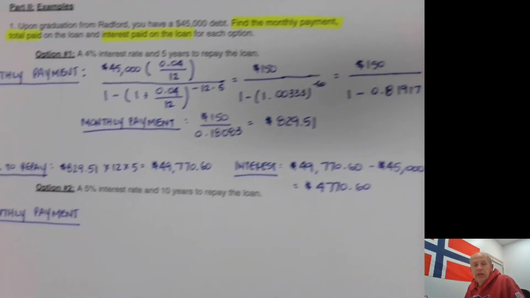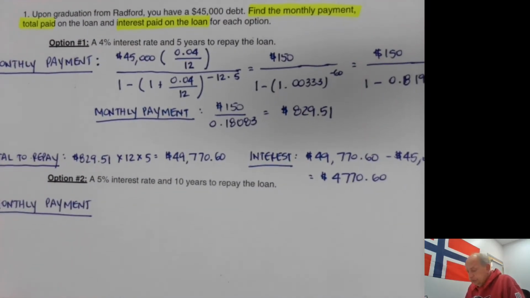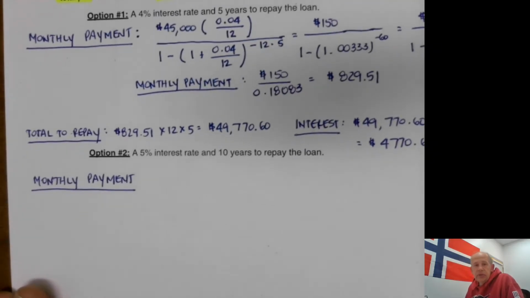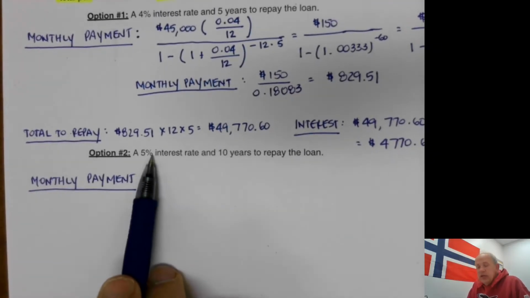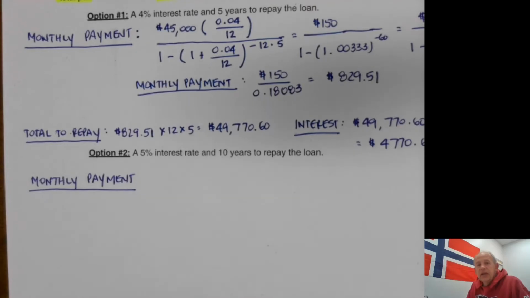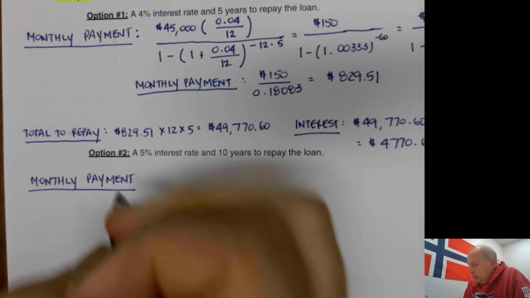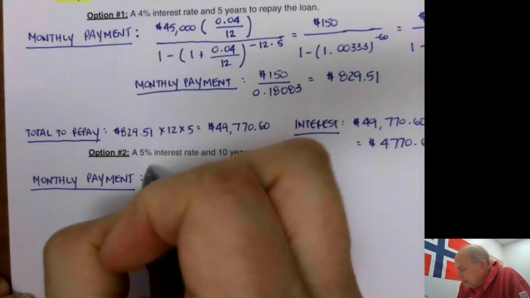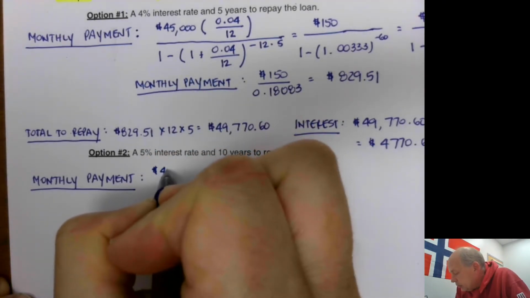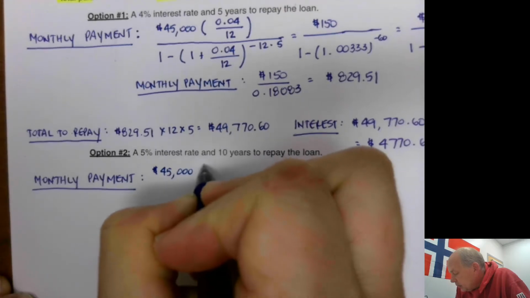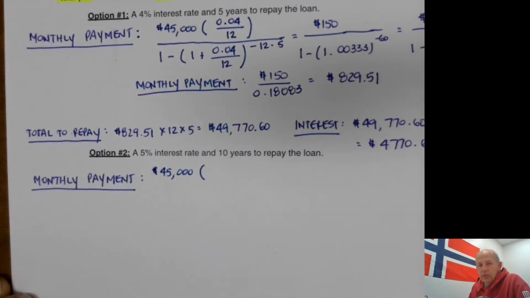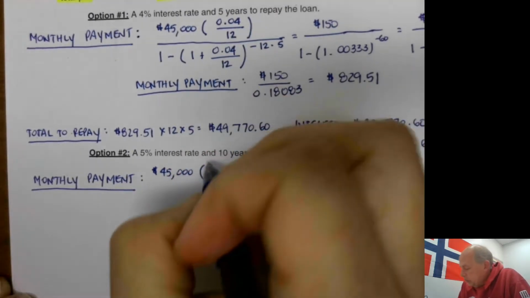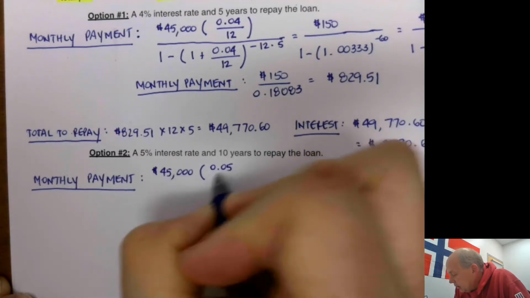Now, let's do the exact same thing, and let's change the numbers up a bit for a different option. Let's say you have a 5% interest rate and you have 10 years to pay the loan back. I am going to solve this exactly the same way with a few little number changes for these particular variables. So instead of 4%, my interest rate is 5%.